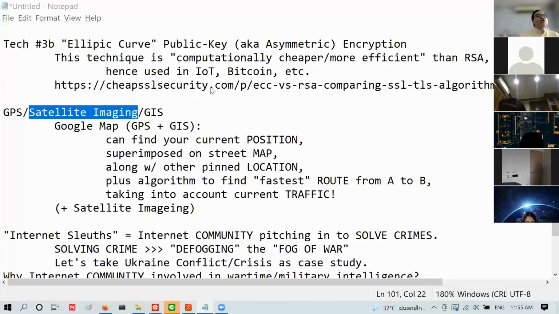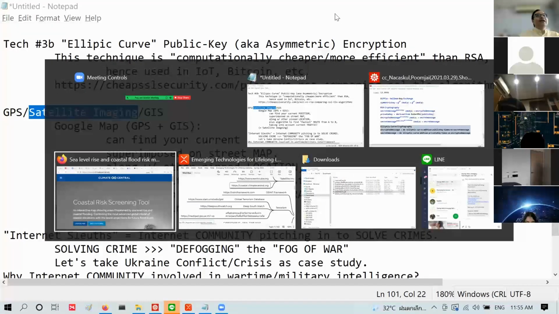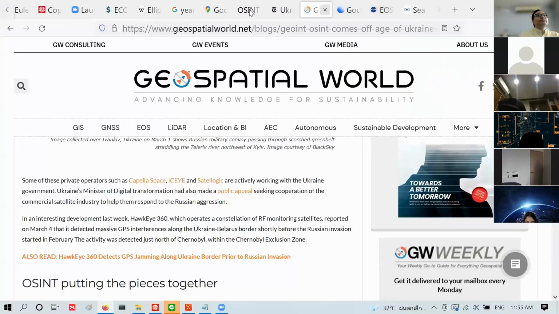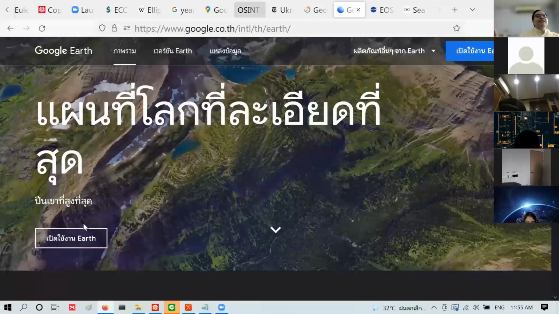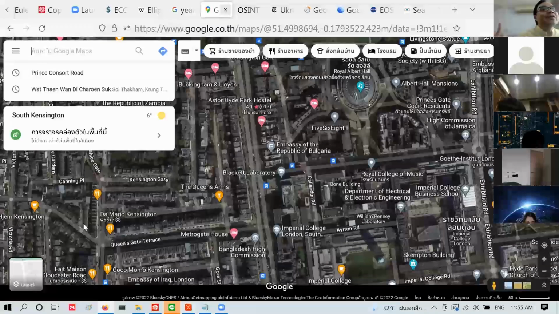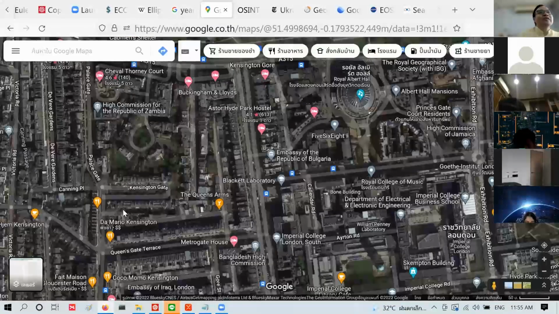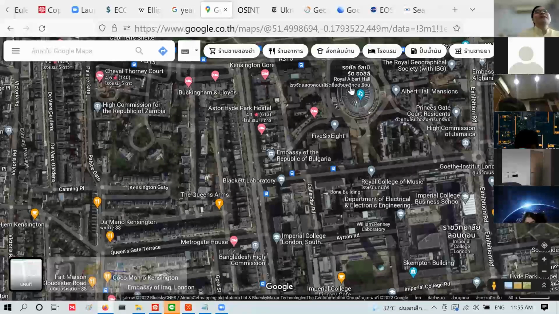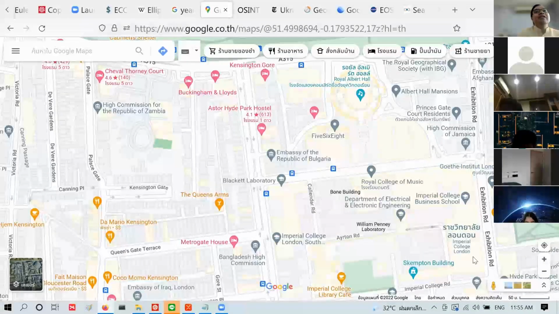Just as when you go to Google Map and superimpose a picture, that is just one level. In all this data, you can superimpose not the visible spectrum but, say, the temperature of this area, the wind.